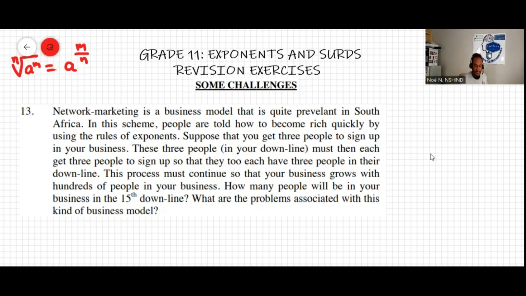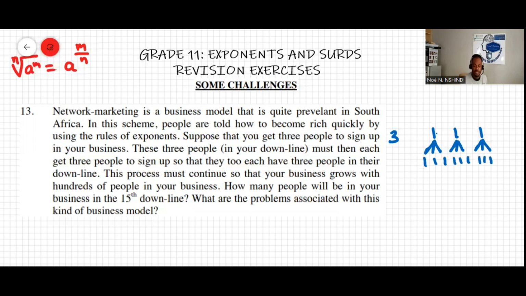Let's say we get 3 people in the downline. In your downline, you got 1, 2, 3 people. There are 3 there, and then each of them must get 3. So 1, 2, 3, 1, 2, 3, 1, 2, 3.